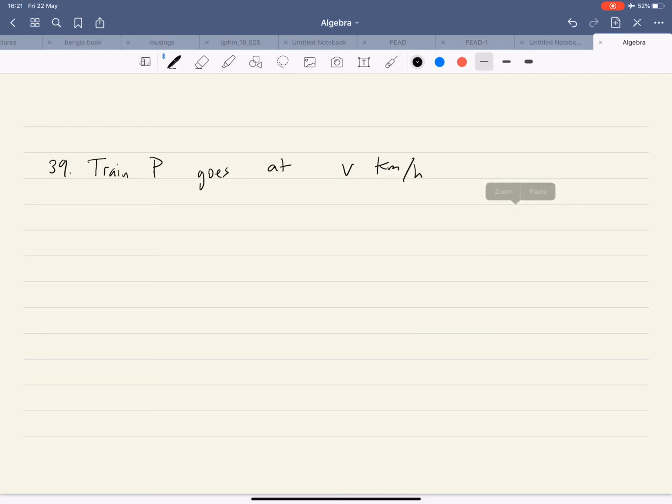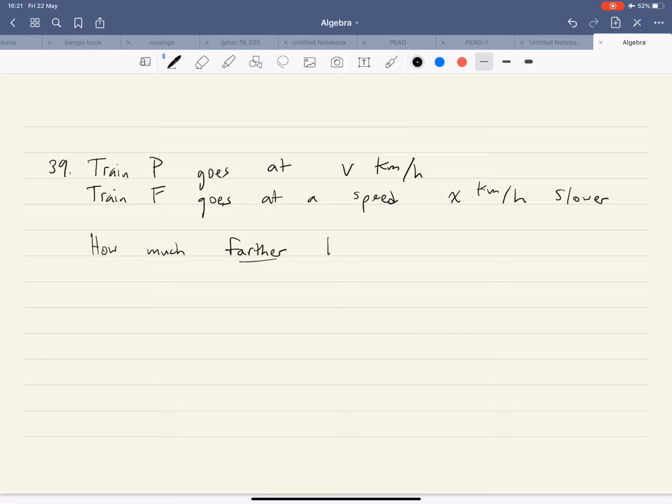And then we have a freight train F that travels at a speed x kilometers per hour slower. And the question that we have is, how much farther can train P travel in h hours?